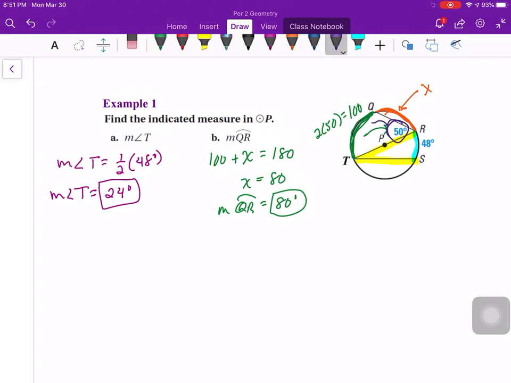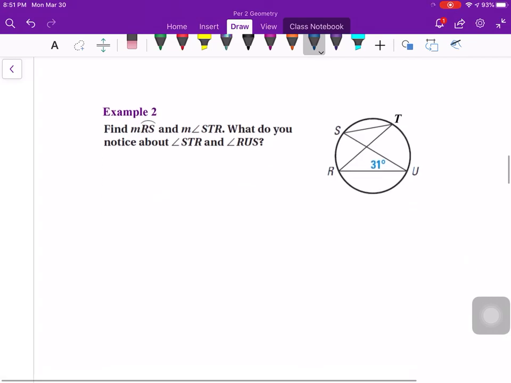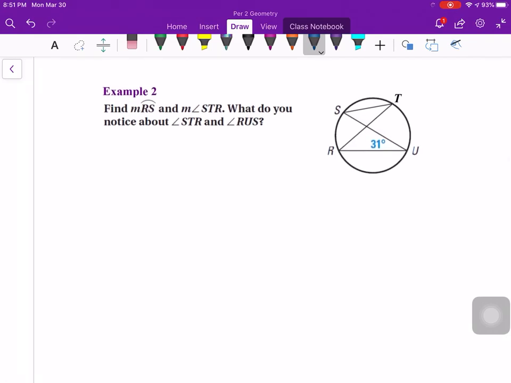So if you are given the angle and you want to go to the arc, you multiply by 2. If you're given the arc and you want to go to the angle, you multiply by 1/2. So the arc is twice as big as the inscribed angle, or the angle is half as big as the intercepted arc. Let's take a look at a few more examples.